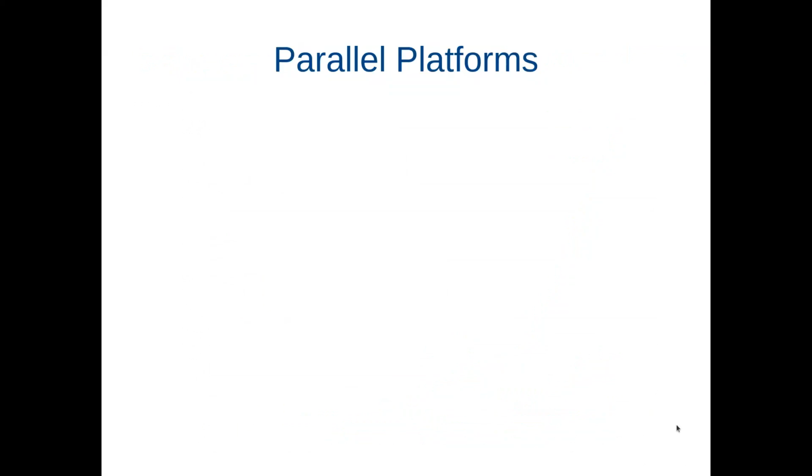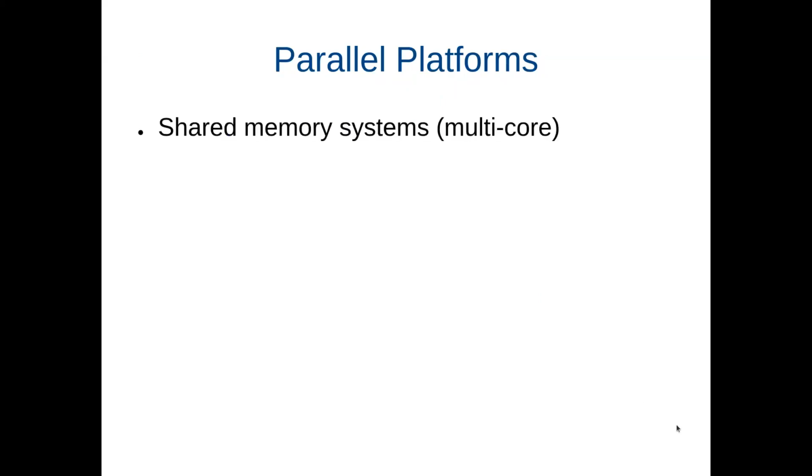But let's delve a little bit into various kinds of parallel platforms that we use today. That is going to be important not only for this course, but for your overall understanding of parallel programming. If you have any questions on any of these items, please feel free to stop me and ask. One of the important aspects of this is our CPU.